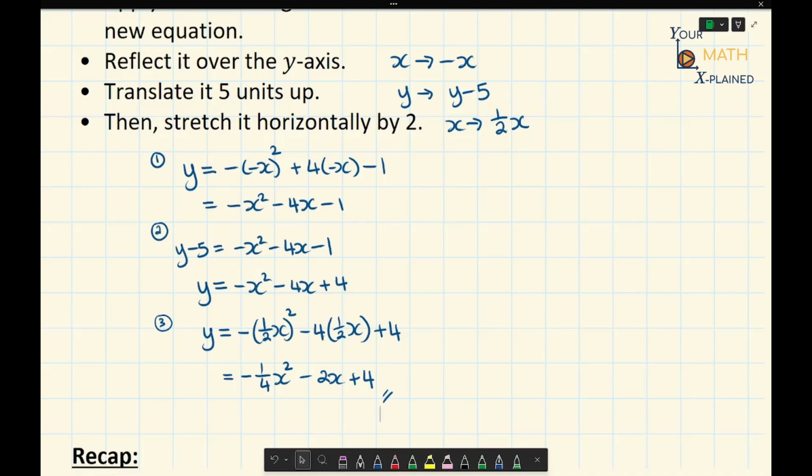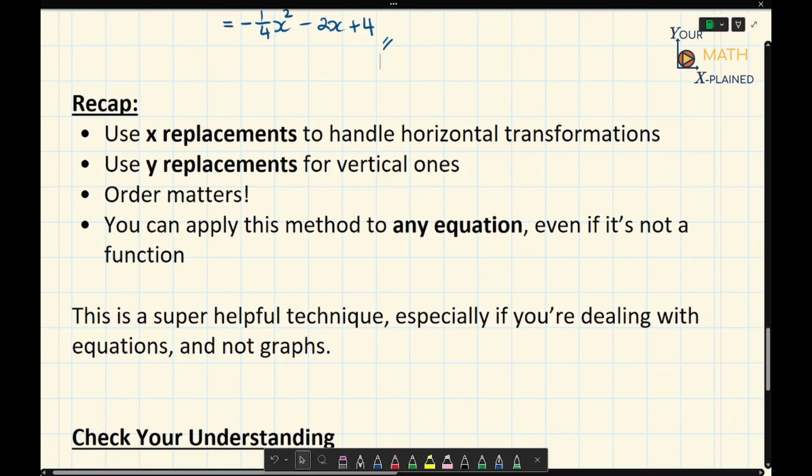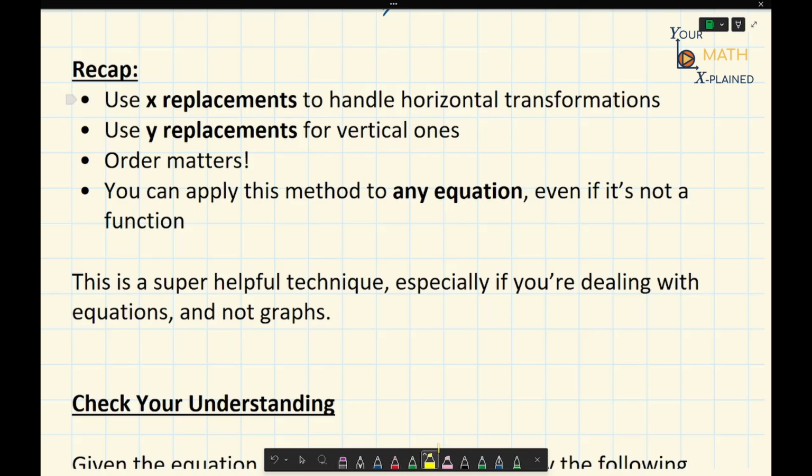And notice how this final equation is found without needing to change it to the vertex form or graphing it out. So now let's do a quick recap of everything that we have learned in this video. We're going to use x replacements to handle all of the horizontal transformations, and then we're going to use y replacements to handle all of the vertical transformations.